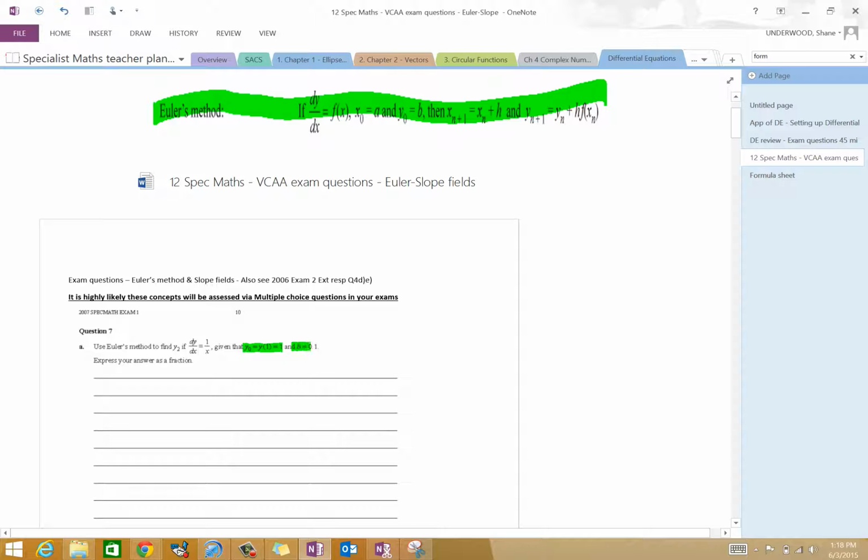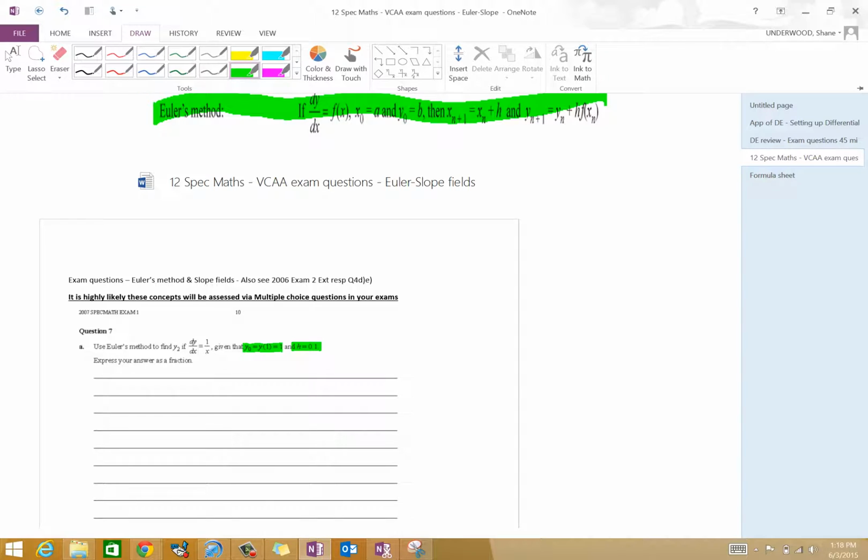The step size, the first step, is going to go to 1.1, okay? And then the next step is going to go, oh, actually, y of 0 equals y of 1. So what's x naught? 1. Thank you. Okay.